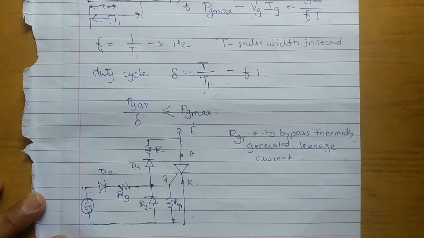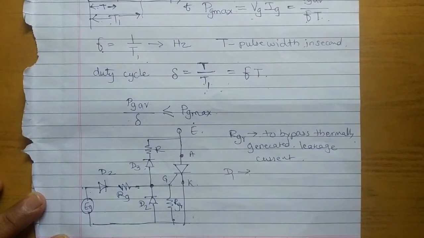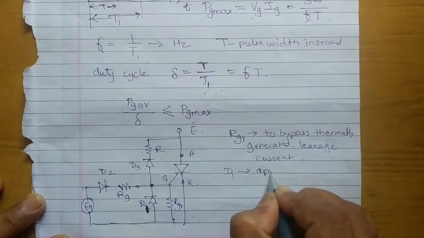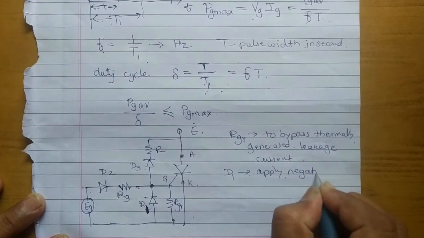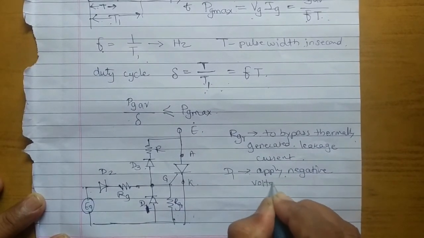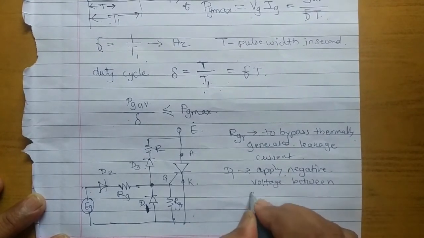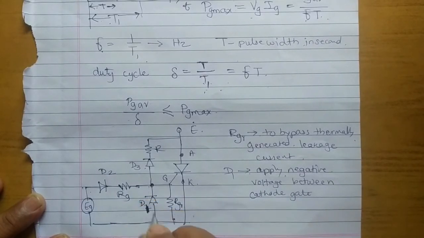Second thing, that the D1 diode will apply a negative voltage in between gate and cathode. See, this is the D1 diode, I missed it by mistake. This will apply negative voltage between cathode and gate. See how it is connected.